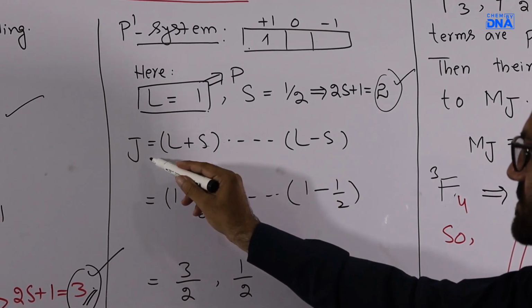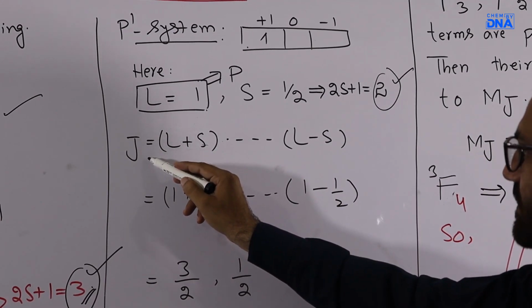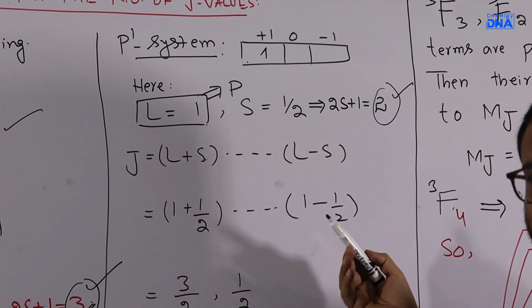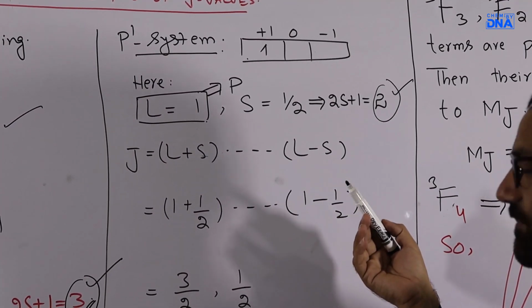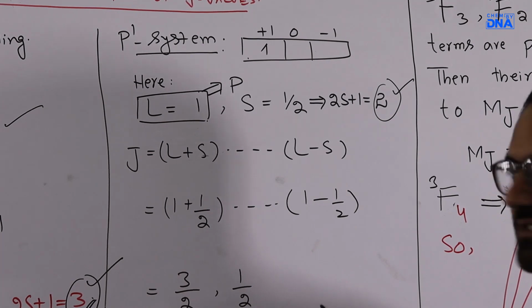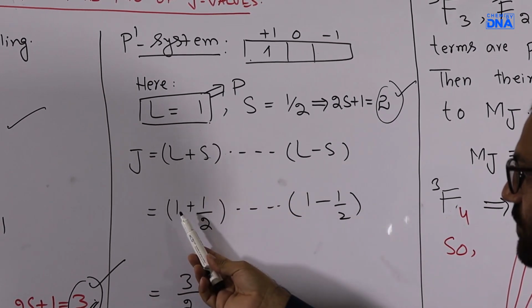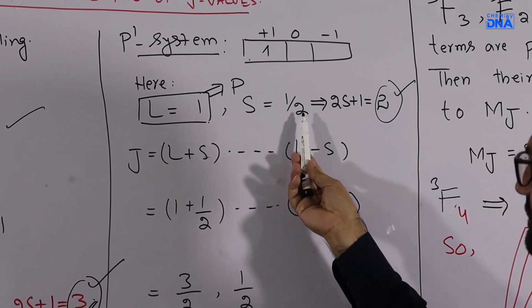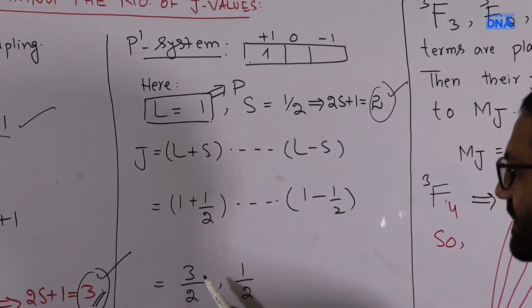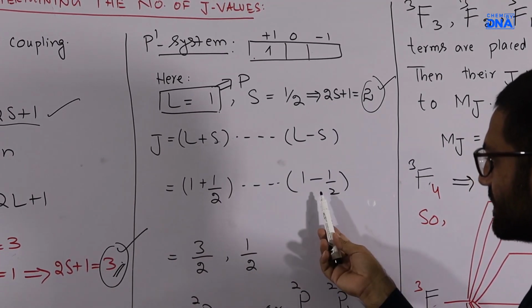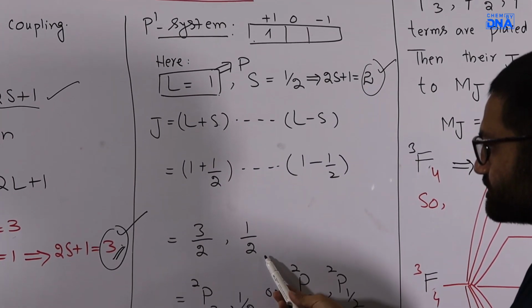But from Russell-Saunders coupling or LS coupling, you have the formula, as you are aware of it and you have practiced a lot in this case. Now place the L value over here and the S value, which is 1/2, over here. You will get 3/2 by taking the LCM, and 1/2 in this case.